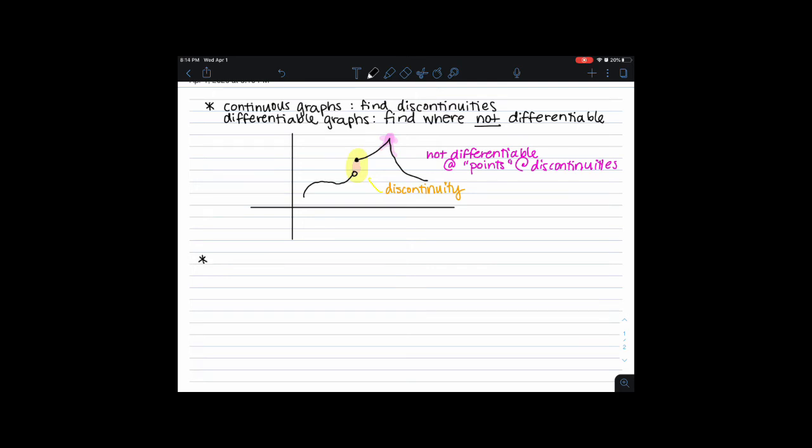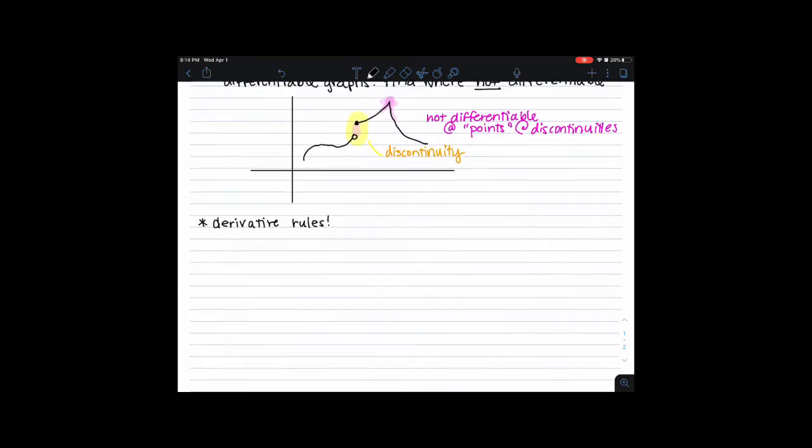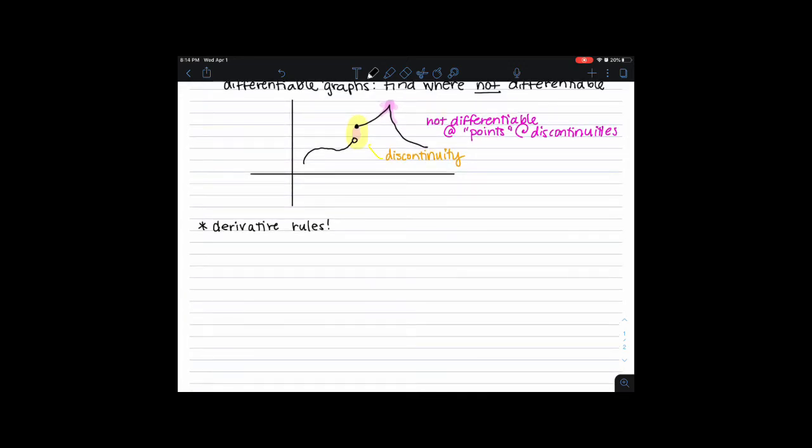Next is just taking derivatives in general. So all we do in this class is take derivatives, so I hope you guys are comfortable with it. Let's go over, I guess basically the rest of this review is just taking derivatives.